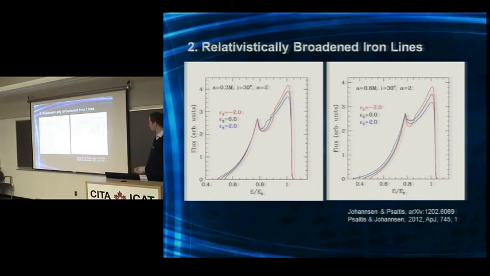Okay, now I want to shift gears a little bit. Now we talk about relativistically broadened iron lines, so now we shift from the radio to the high energy spectrum. This is something that you can observe both in AGN and in galactic black holes. So here the picture is you have an accretion disk, there's iron in your accretion disk. Temperatures are such that iron still retains a couple of electrons.